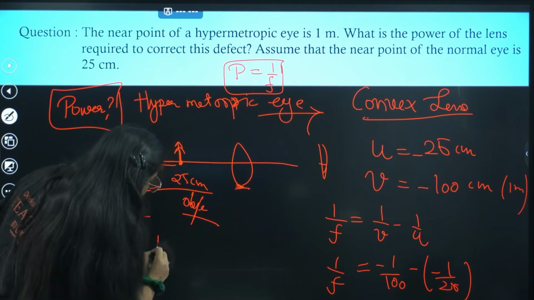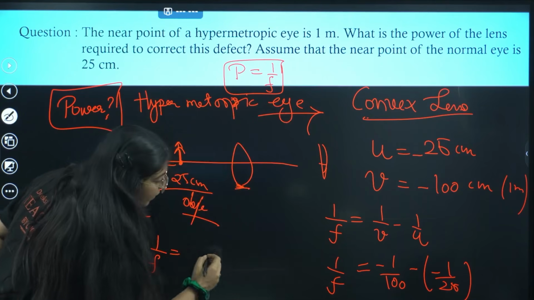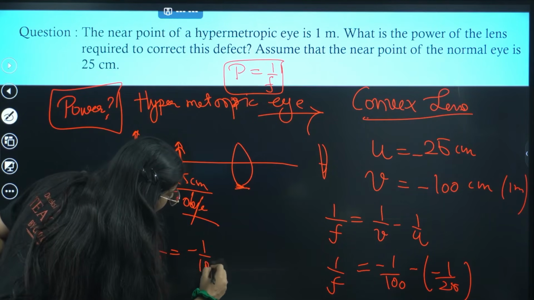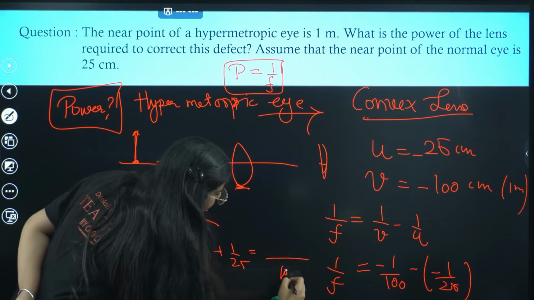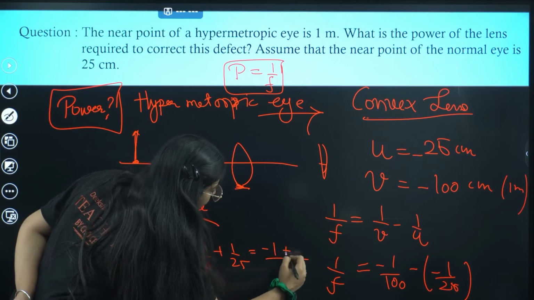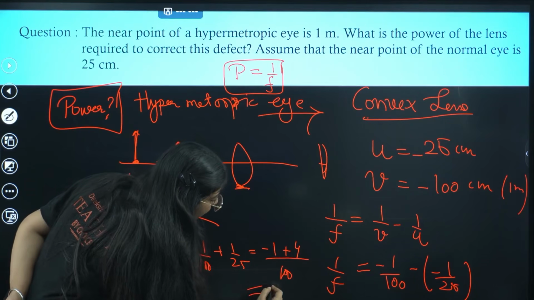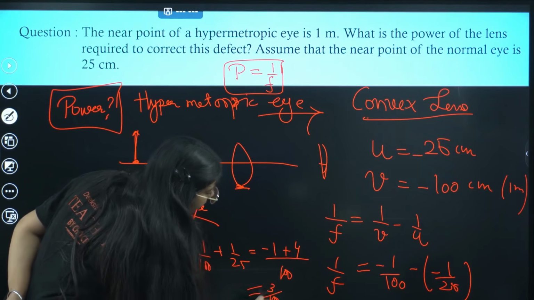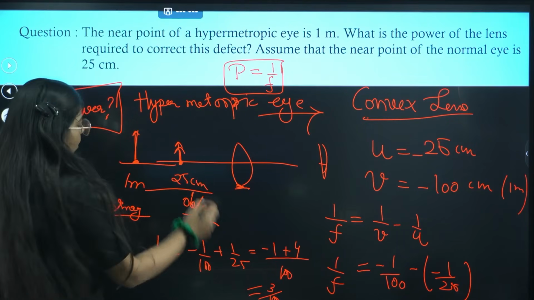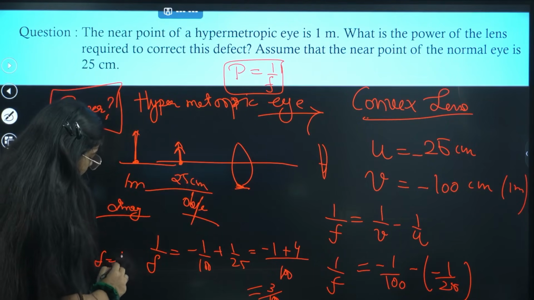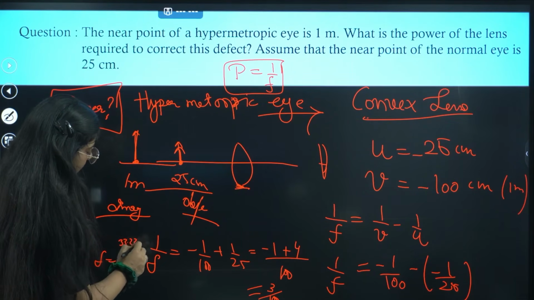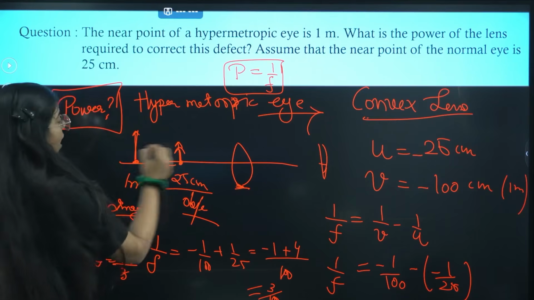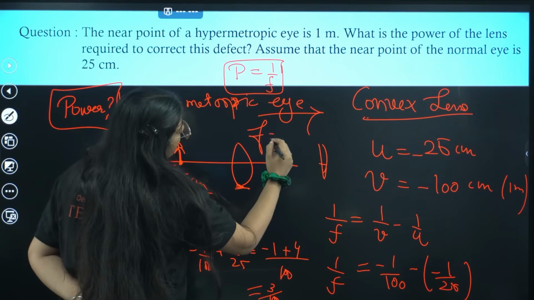If you solve this, you will get minus 1 by 100 plus 1 by 25, which with 100 as LCM, minus 1 plus 4, gives 3 by 100, and our focal length then will be 100 by 3, which is 33.33 centimeter.